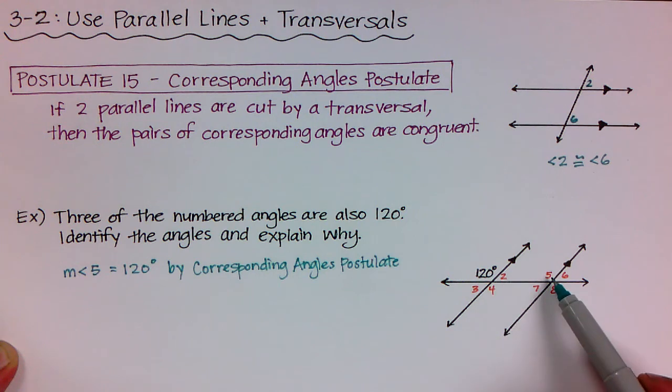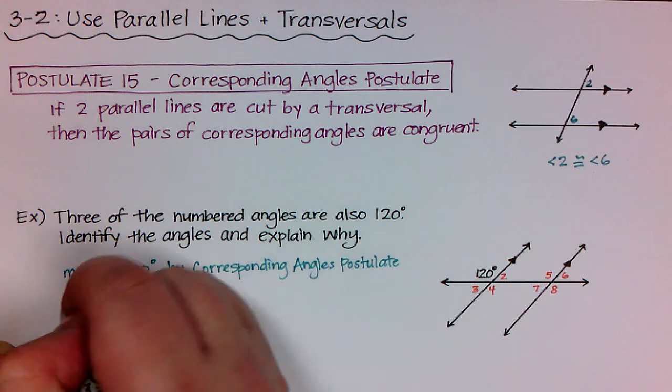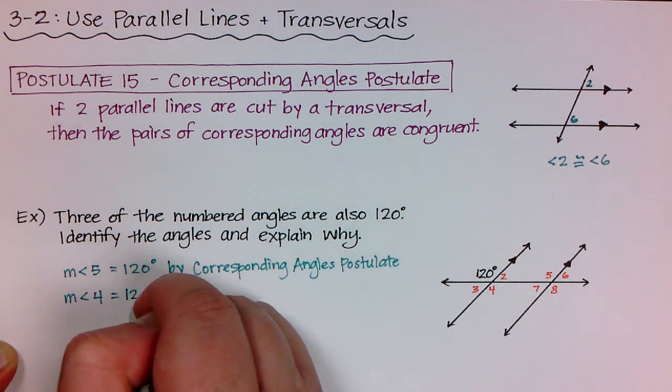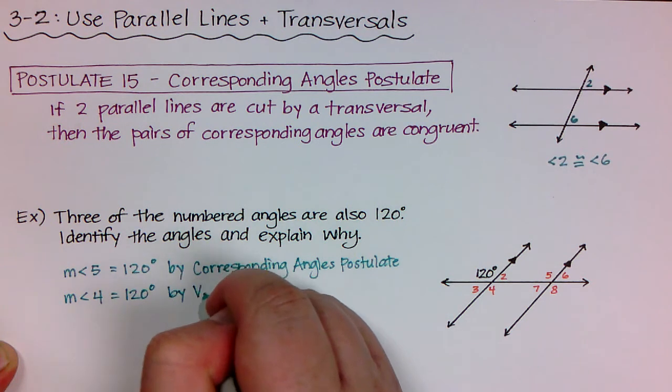They're corresponding, so they should be congruent, which means that their measurements are equal. And so if I know that, let's see what else I know. Well, angle 4 right here is vertical angles with that 120 degrees. So the measure of angle 4 should also be 120 degrees by the vertical angles postulate.